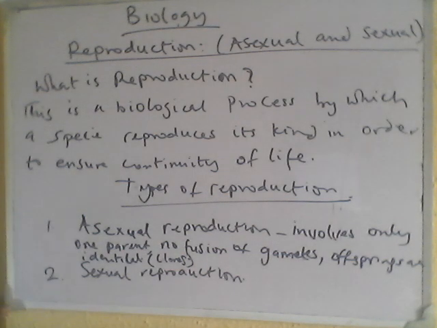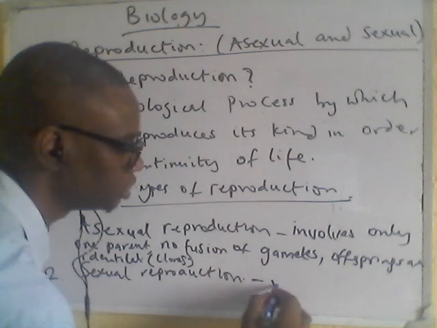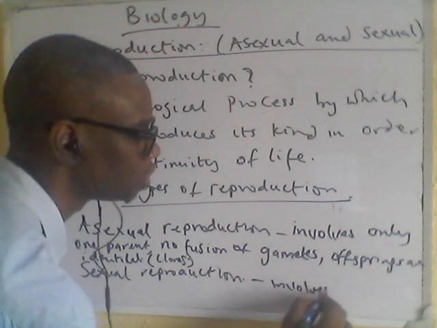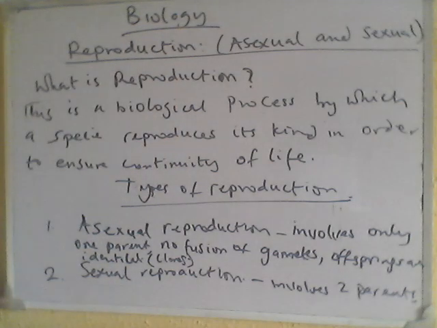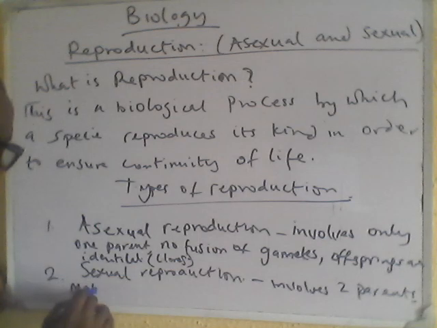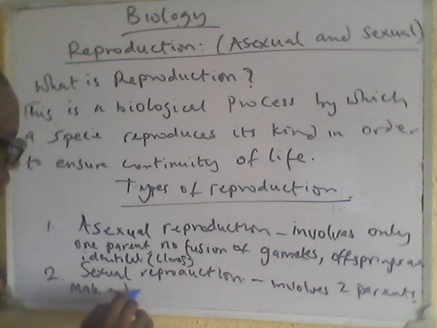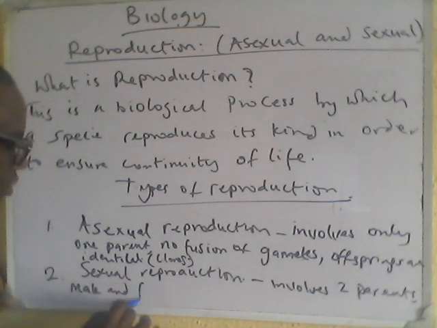Okay, so for sexual reproduction, here it involves two parents. Of course, one of the parents is male and the second one is female. So it involves two parents. Then I would say male and female gametes.